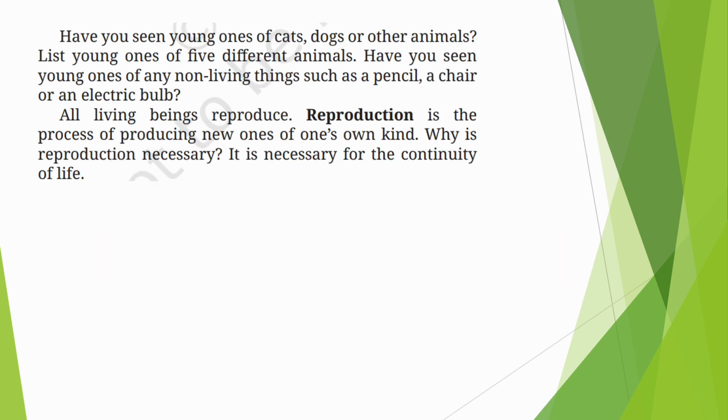Have you seen young ones of cats, dogs or other animals? Of course. List young ones of 5 different animals. Have you seen young ones of any non-living things such as a pencil, chair or an electric bulb? No. All living beings reproduce.